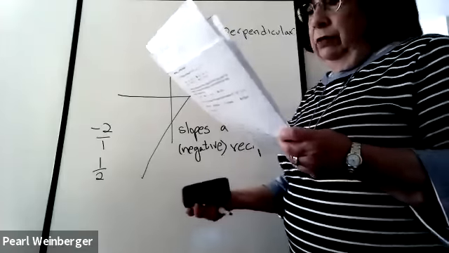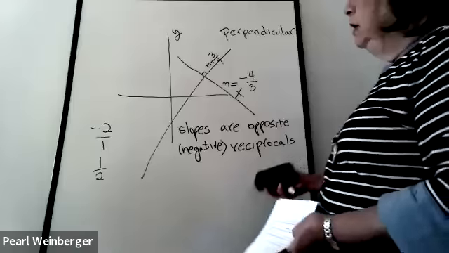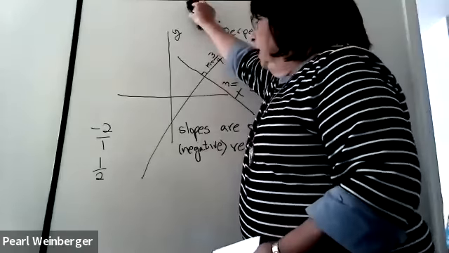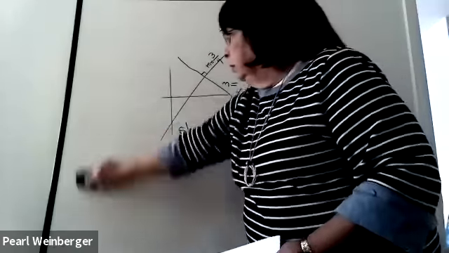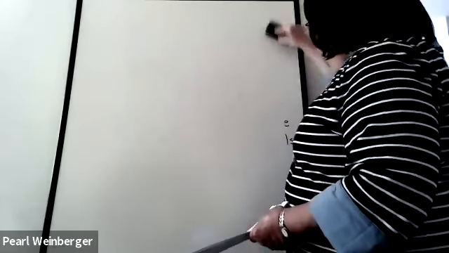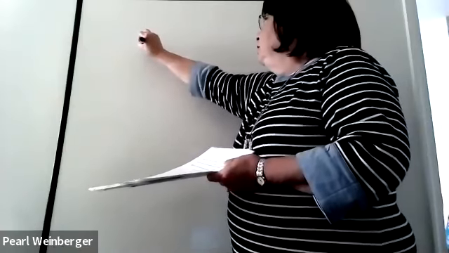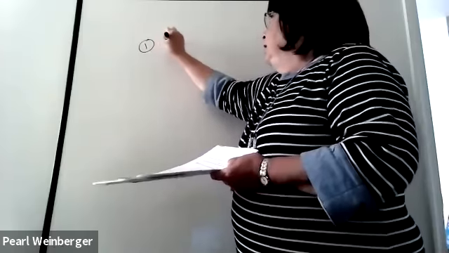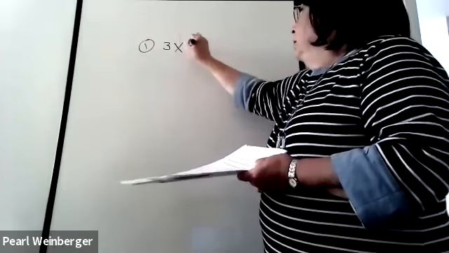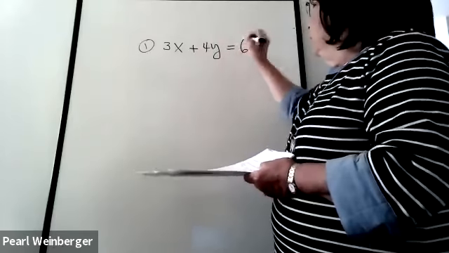Okay, now, first of all, what does that mean? Well, here's one type of question you might be asked. Suppose I tell you I have one equation, here's the equation of a first line: 3x + 4y = 6.